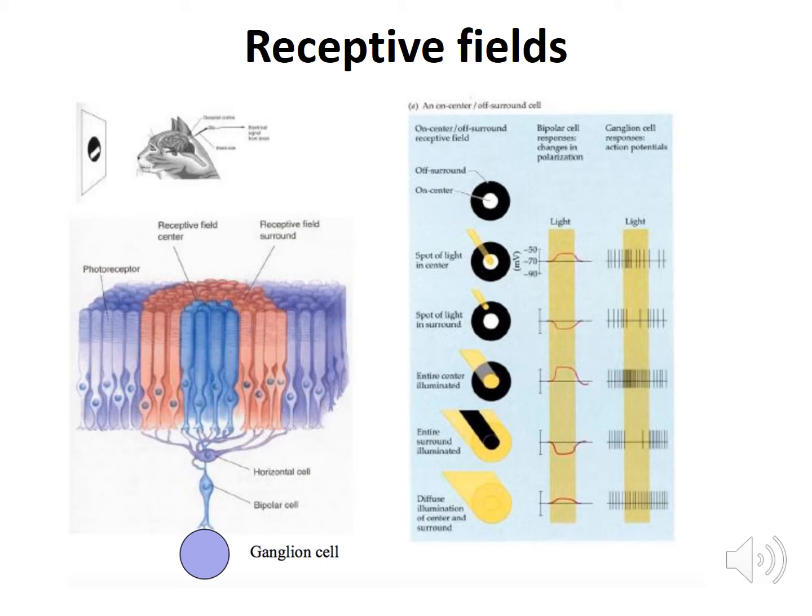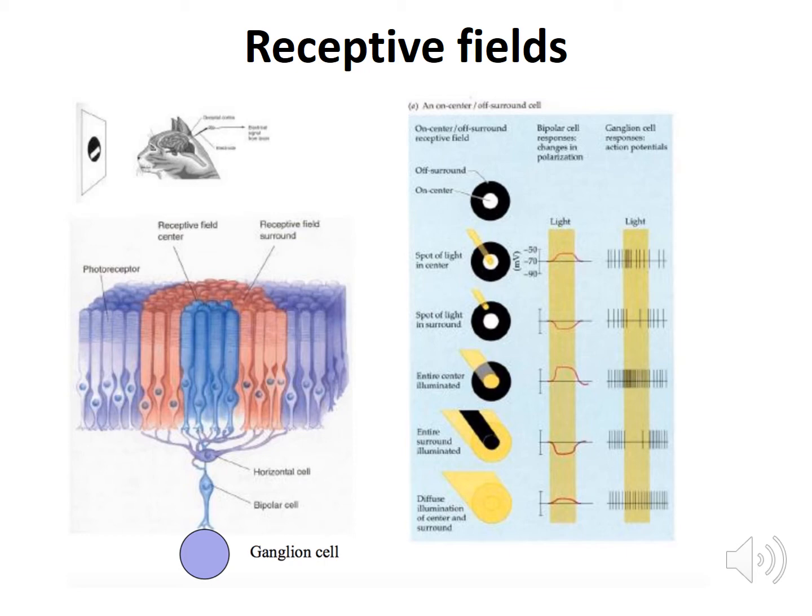And together they build a receptive field. So typically receptive fields have on centers and off surrounds. If you see here in this illustration on the right, you can see that several scenarios of stimulation will create different activity levels in the ganglion cell as well as in the bipolar cell.